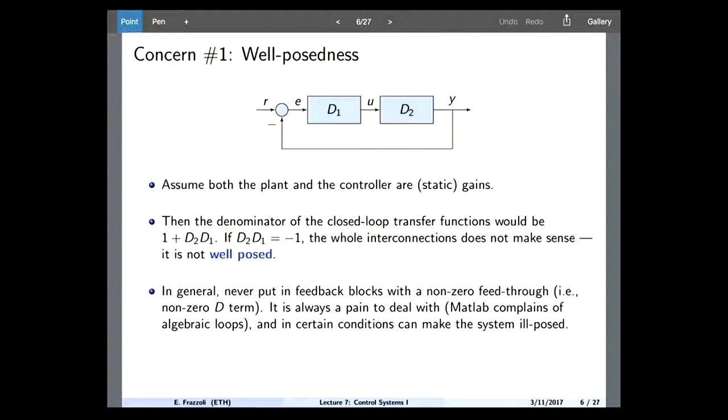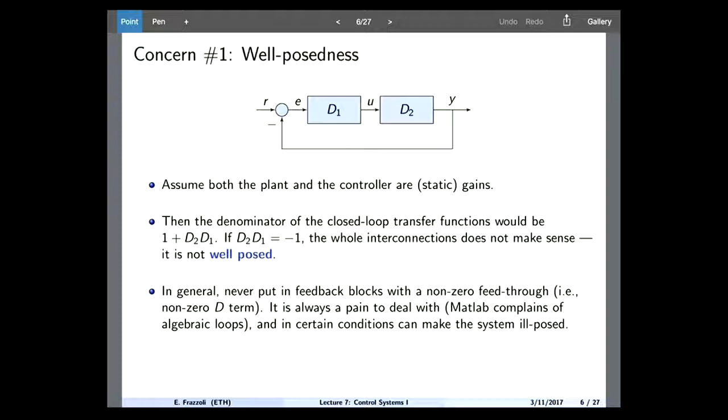So if D is 0, then the input does not affect the output directly, only through its action on the state. Okay? So then what you want, to make MATLAB happy for example, is that in your feedback loop you have at least one block that has a 0 feed-through.